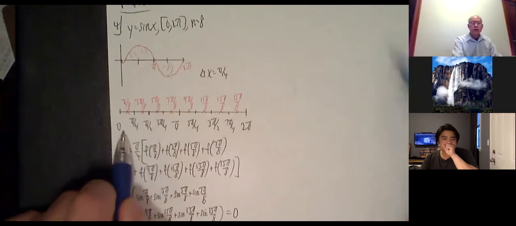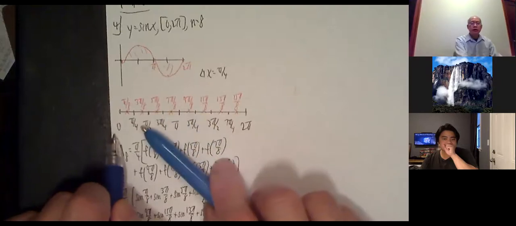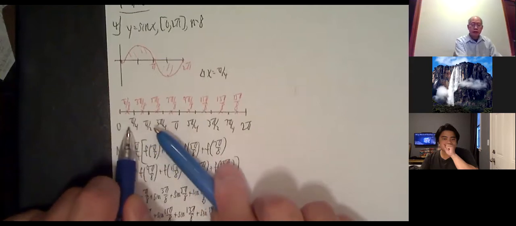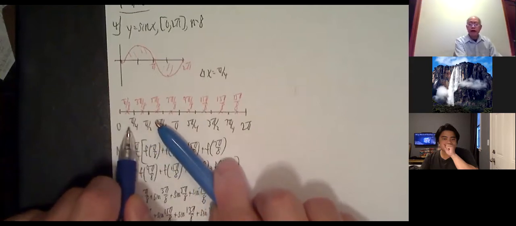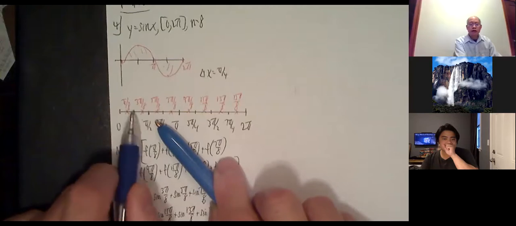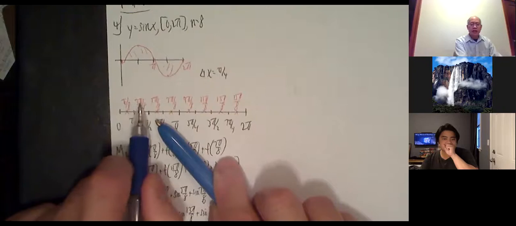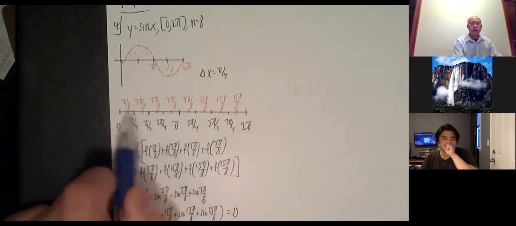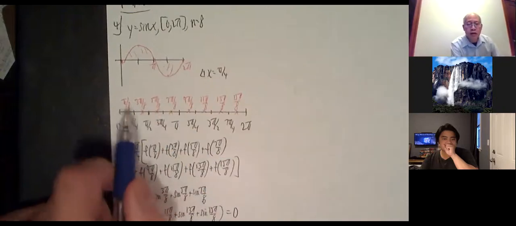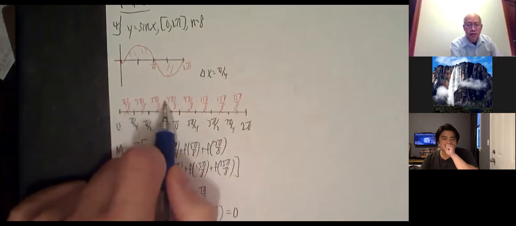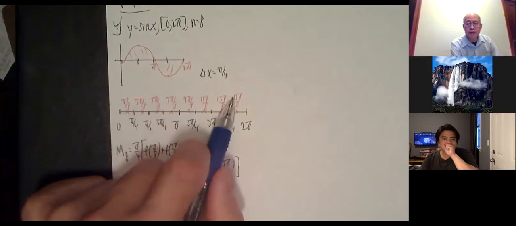So what's halfway between 0 and 2 pi over 8? Pi over 8. Okay, this is 2 pi over 8. Pi over 2 is 4 pi over 8. So what's halfway? 3 pi over 8. And you can kind of get the pattern. After that, just take the odd coefficients. So the midpoints are pi over 8, 3 pi over 8, 5 pi over 8, 7 pi over 8, 9, 11, 13, and 15 pi over 8.